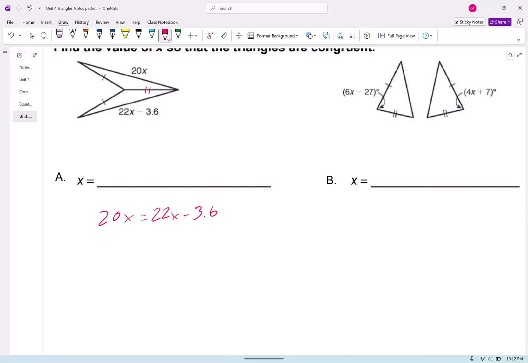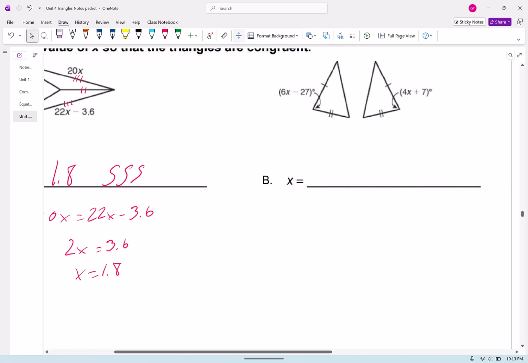Okay, I'll switch things around and again 2x equals 3.6, so x equals 1.8. So find the value of x so that they are congruent. Okay, and so which means that these would have had to have been the same, side, side, side.